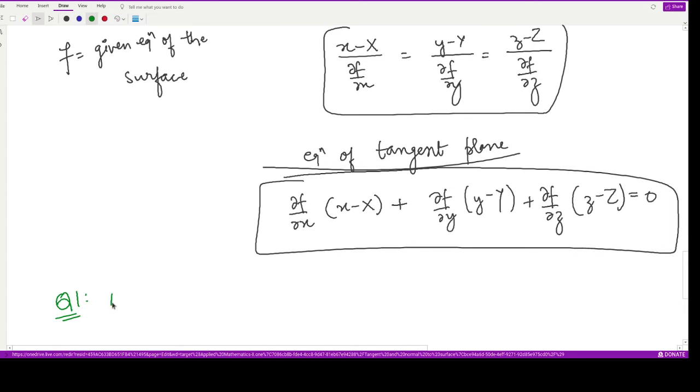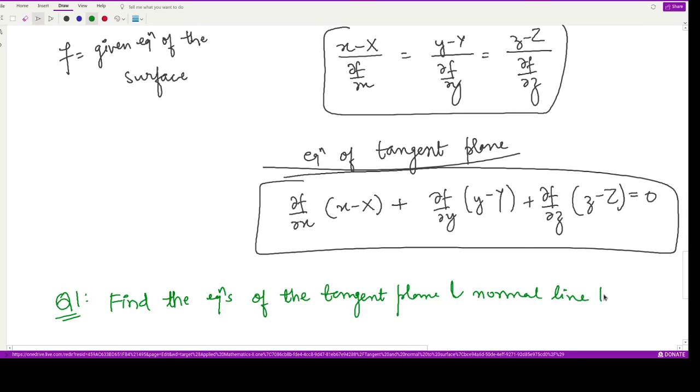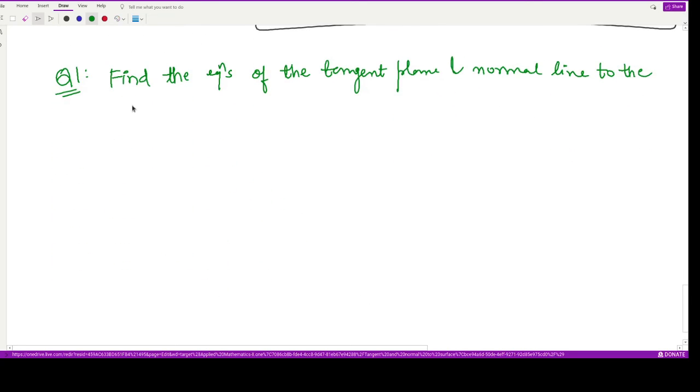So the question is, we have to find the equations of the tangent plane and normal line to the surface x square by 2 minus y square by 3 is equal to z at the point 2, 3, minus 1.